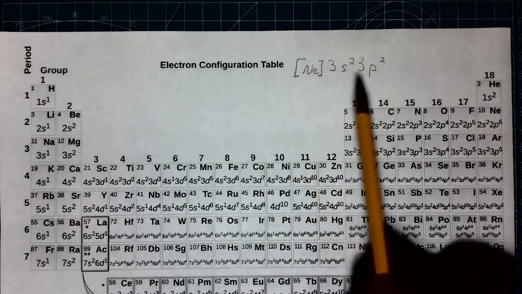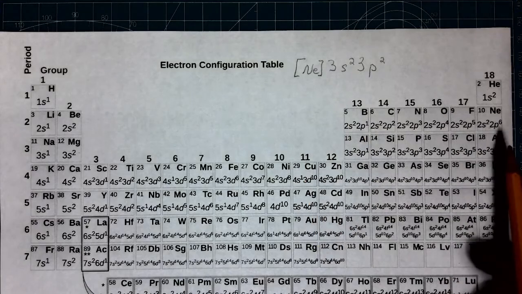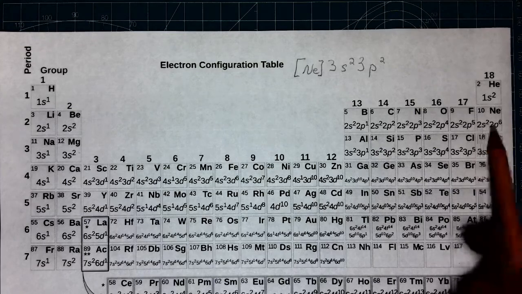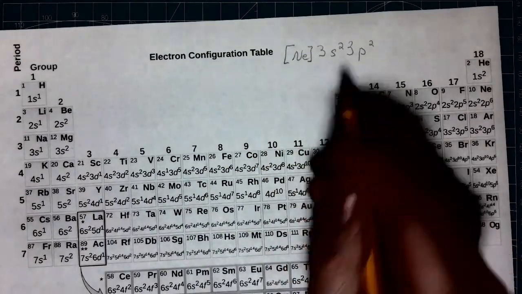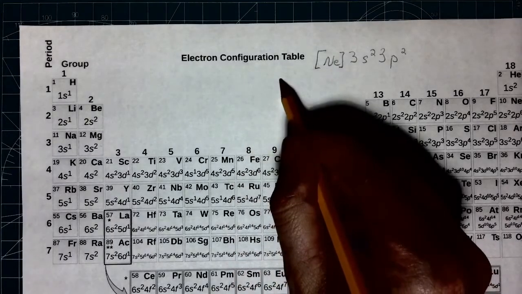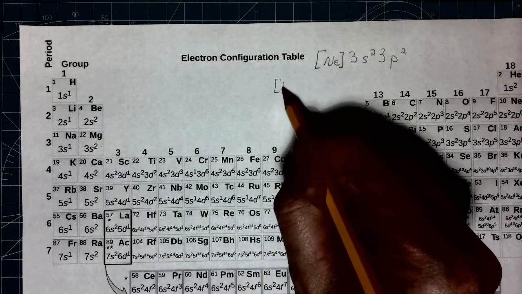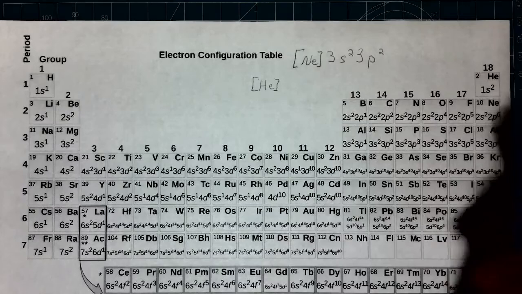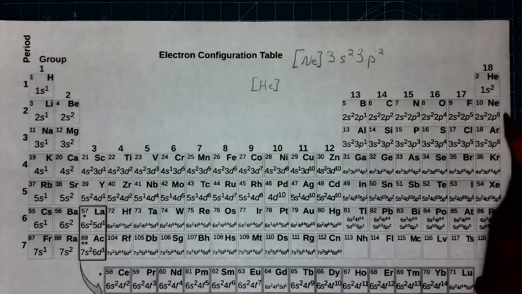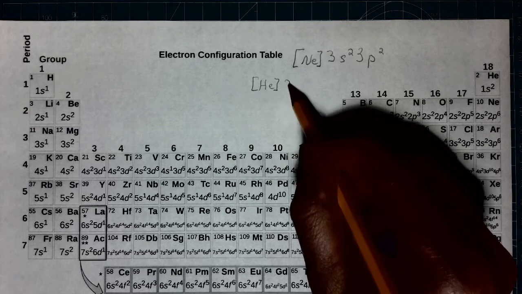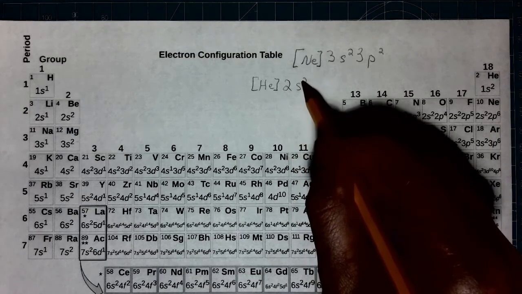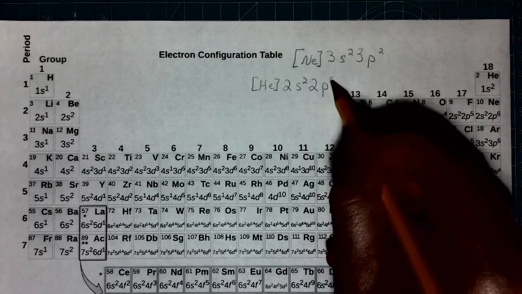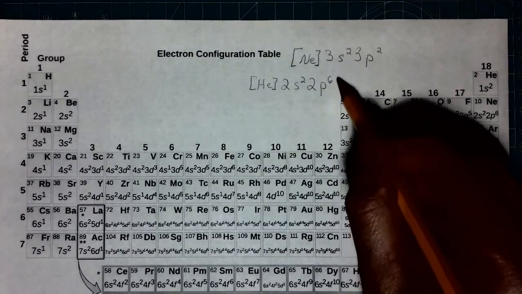If I wanted to expand this out some, I would take a look at neon here, and neon is going to be helium plus this bit. So I could write that over here. I'm going to have helium plus 2s2, 2p6, plus this part right here.